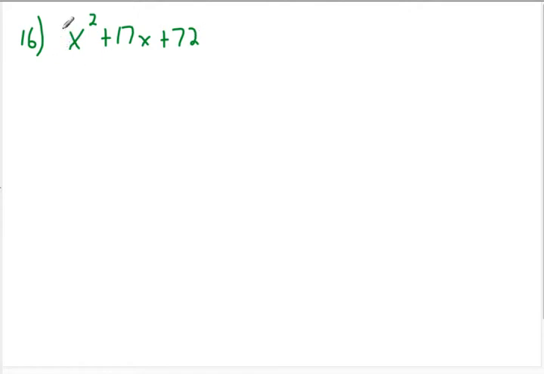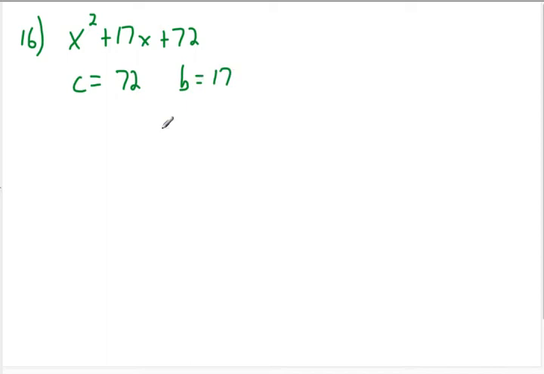Being that there's no number in front of here, we don't have a monomial factor. So the second step would be look for a special case. This is not a PST because this is not a square. So now we're just looking for a pair of binomial factors. In this case, not the box method because there's no A. So we need factors of C that add to B.